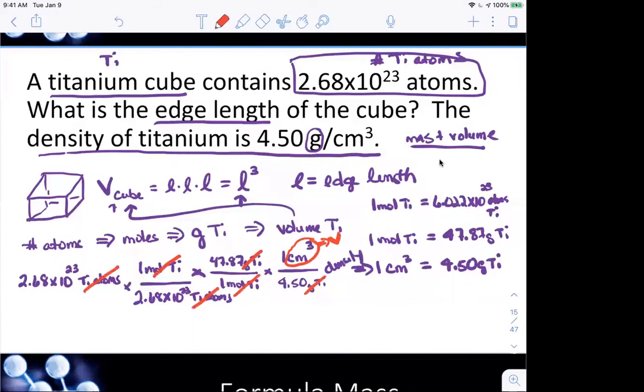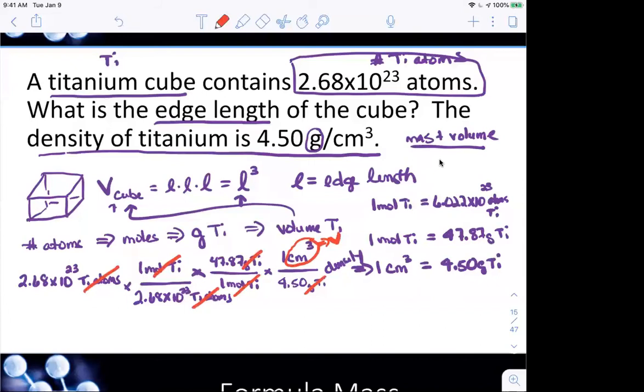So what I'm going to do is put this in my calculator. 2.68 EE 23rd. I'm going to go across the top, times 47.87, enter. Then I'm going to do divided by 2.68 second EE 23, and I'm going to hit enter.